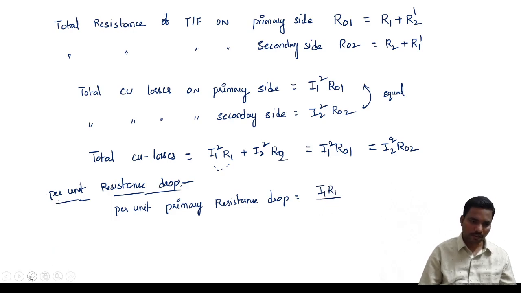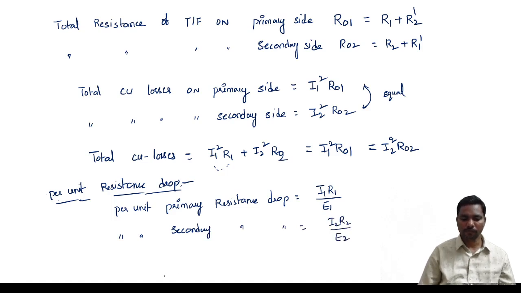Better to take EMF E1: I1 R1 by E1. Same, per unit secondary resistance drop, secondary side I2 R2 by secondary side EMF E2.